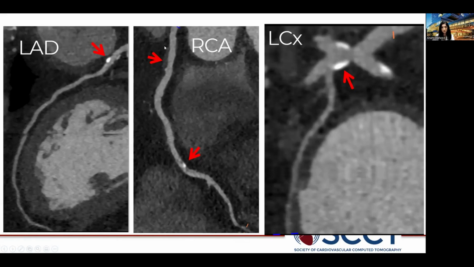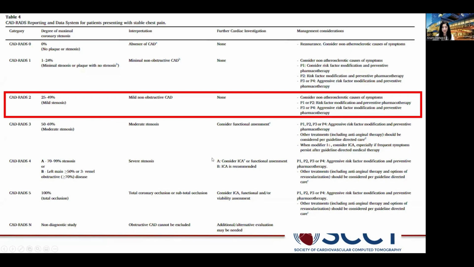In the RCA, we are seeing some non-calcified plaque as well as some calcified plaque resulting in minimal stenosis. And then in the circumflex, we are seeing a small amount of calcified plaque in the proximal circumflex resulting in mild stenosis. And so overall, the categorization for this case becomes CAD-RADS 2, mild stenosis.